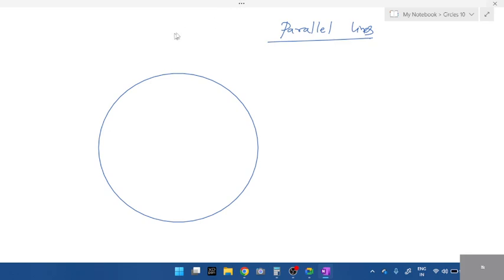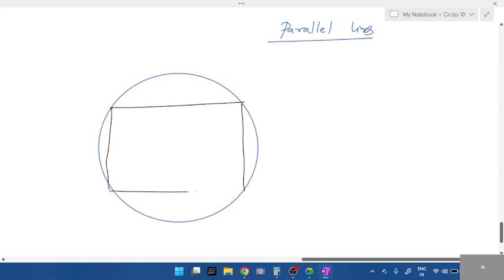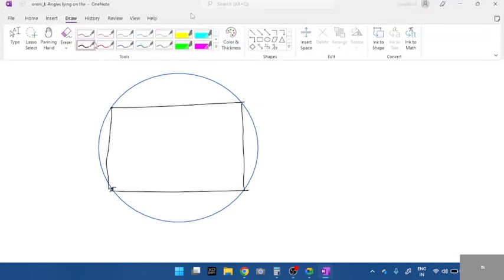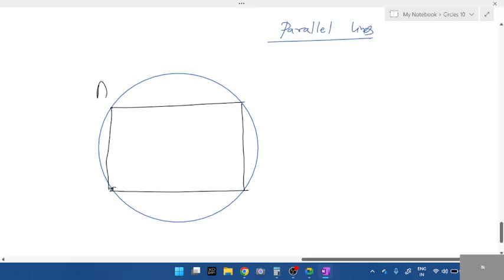Once we start solving the question, you'll understand what's the use of parallel lines, corresponding, interior alternate, vertically opposite angles. Fine. Let me take a circle. Okay, this is a circle. If all four sides are touching this, what kind of quadrilateral is this? Yes, tell me. Cyclic quadrilateral.